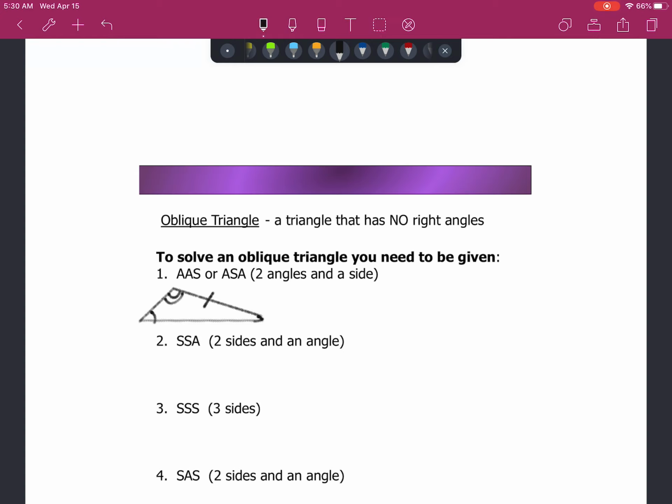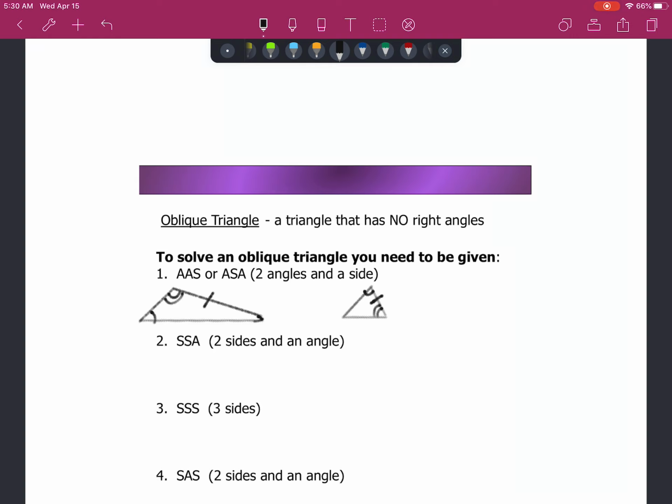You can also, I'm going to draw a picture, another oblique triangle. It's not very big, but it's oblique. You could also have the two angles and the side included.